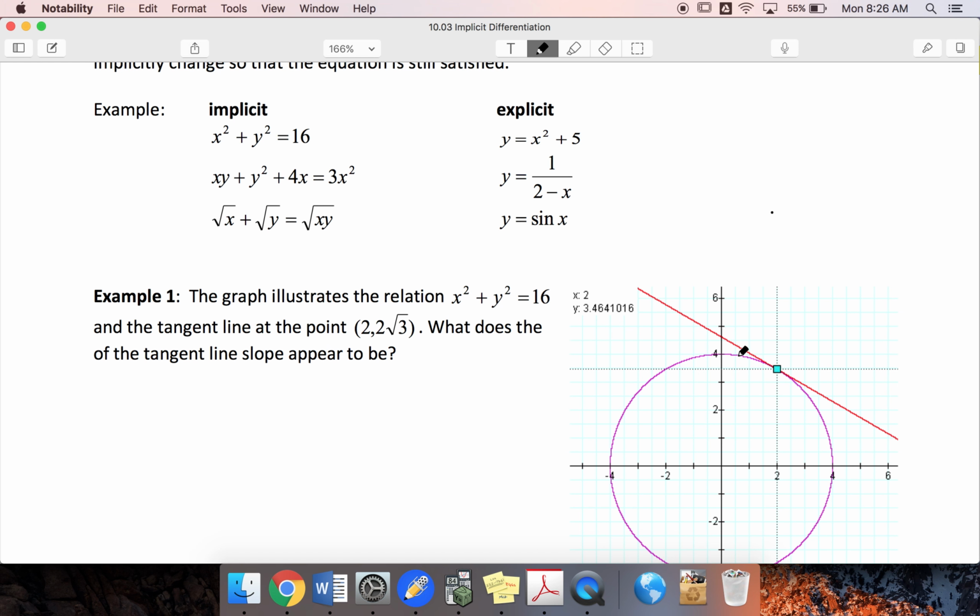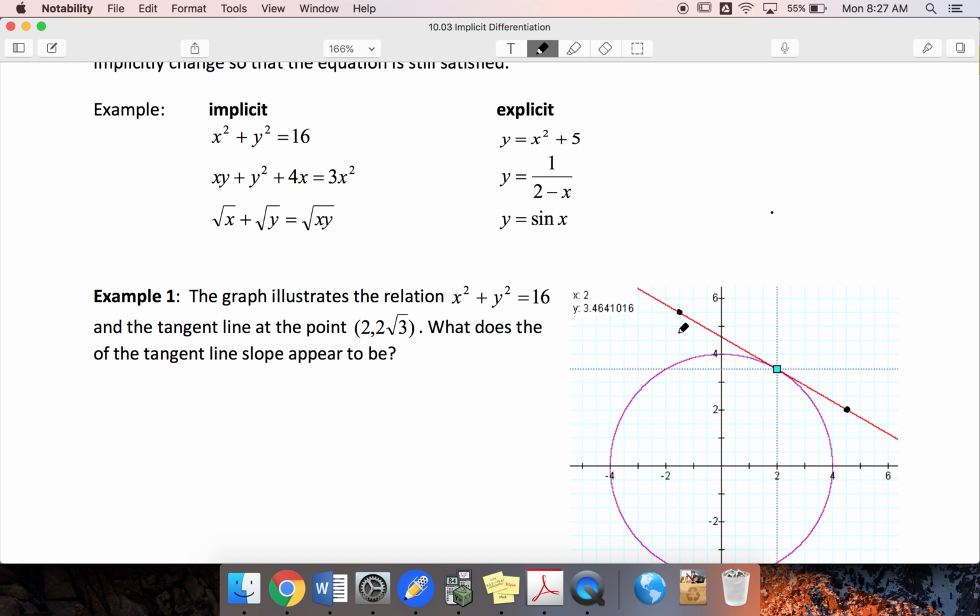So let's see here. It looks like this point, and then we know that this point is (2, 2 root 3), so that's kind of an awkward number. I could keep looking for another point that looks like it's a point through coordinates.